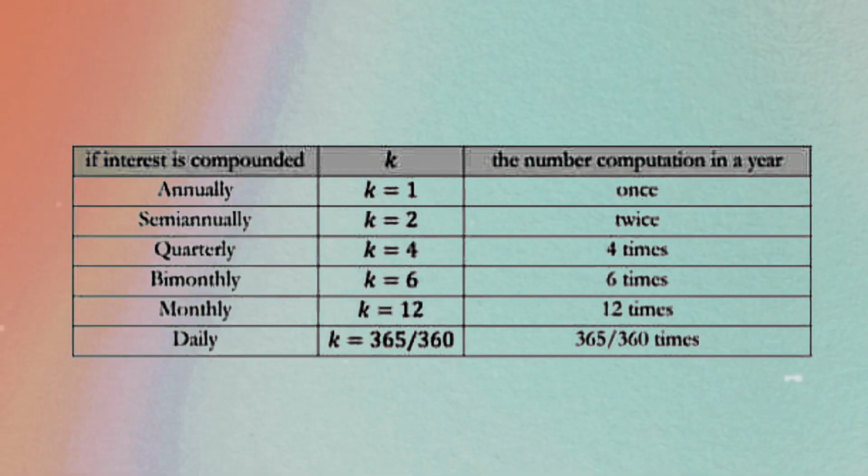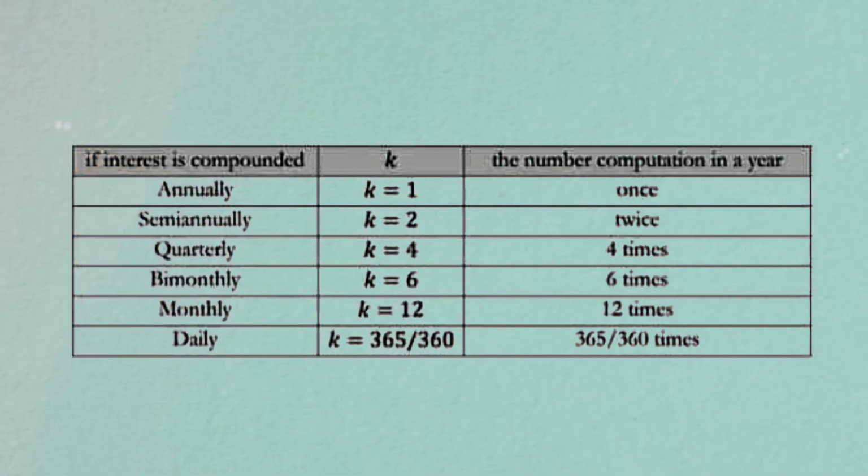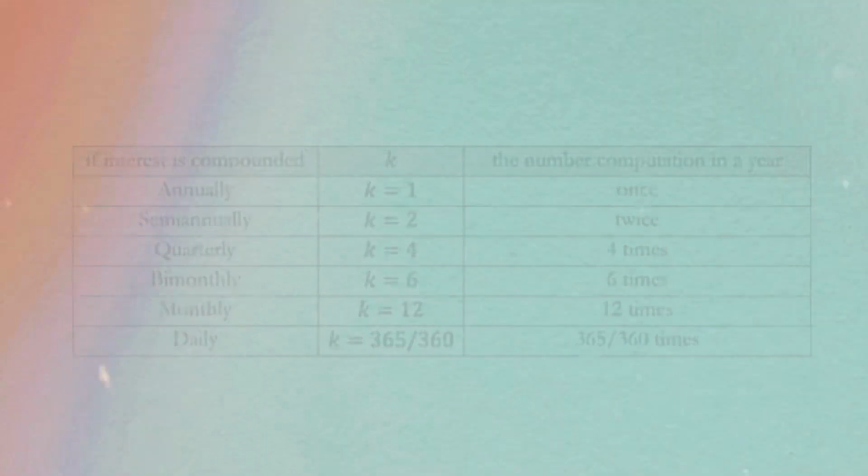The number of computations in a year: annually is once, semi-annually twice, quarterly 4 times, bi-monthly 6 times, monthly 12 times, daily 365 or 360 times.